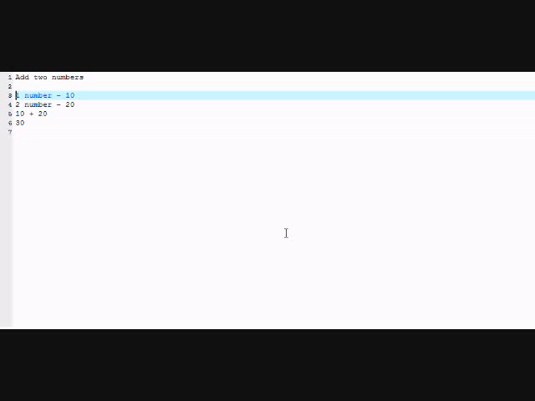For example, take the first step, giving the first number as input. What you need to do here is ask the computer to get the first number as input from the programmer or the end user, and then in the second line you ask the computer to get the second number, and in the third line you ask the computer to find the sum of the two numbers it has received from the user, and at last you ask the computer to display the result.